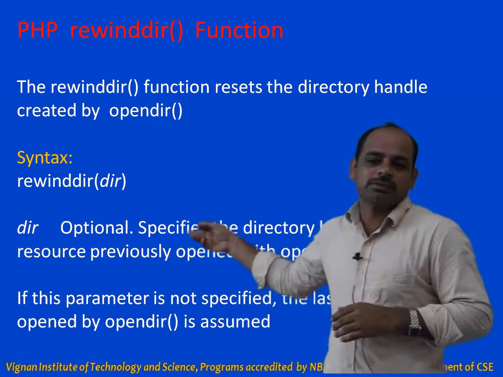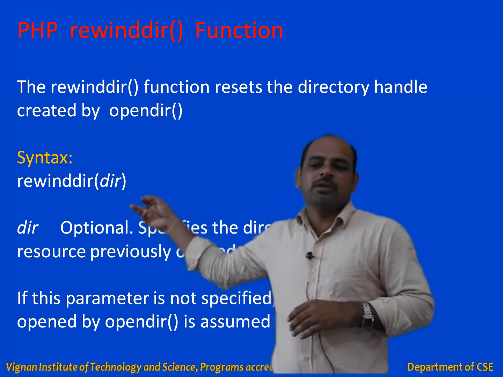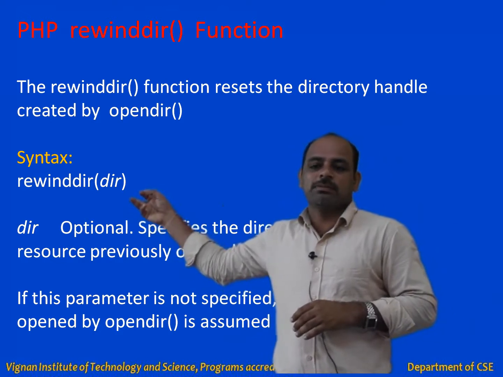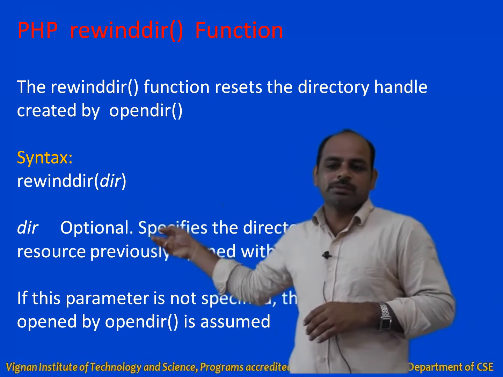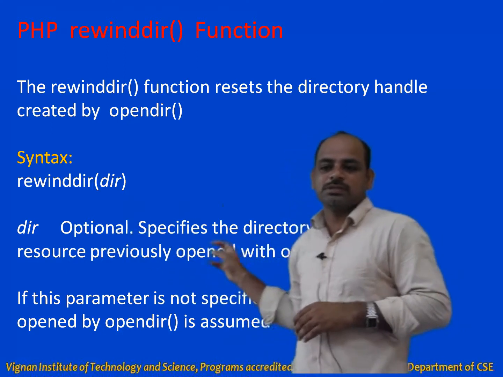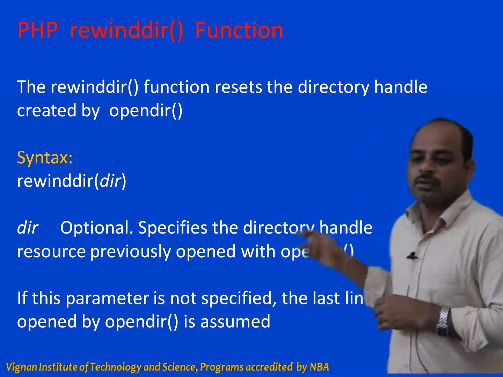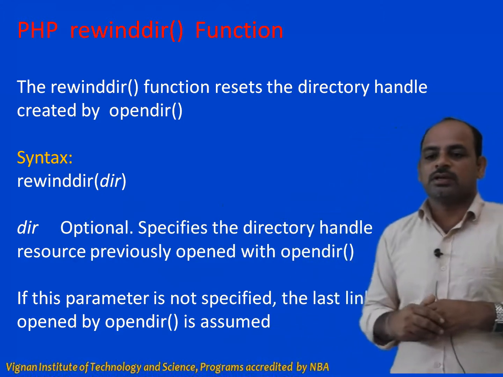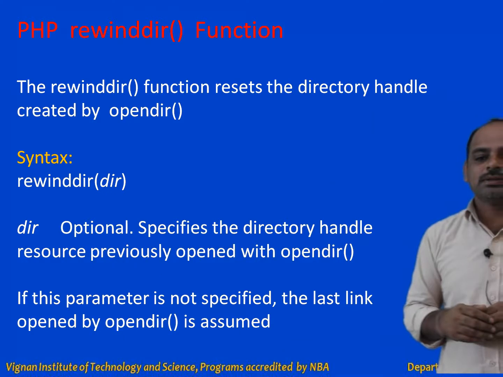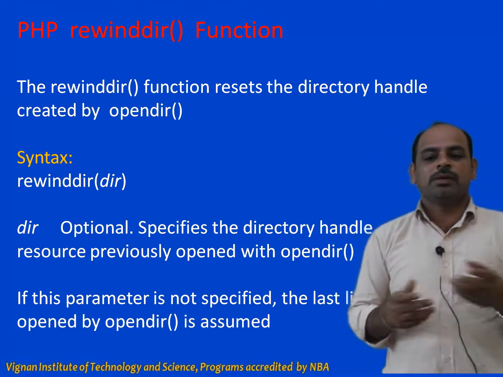For that, we have to use the rewinddir function, and we pass the parameter directory handle. Basically, it is optional. It specifies the directory handle resource previously opened with the opendir function. If this parameter is not specified, the last handle opened by opendir is assumed.